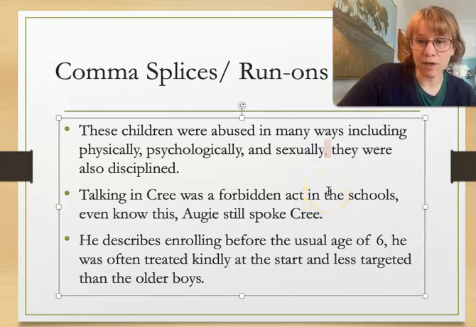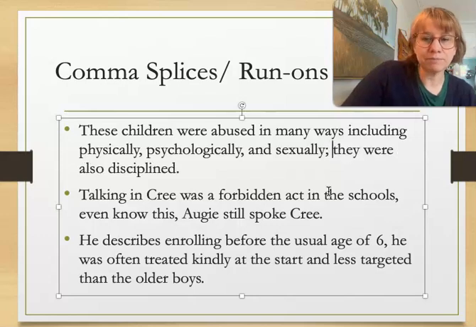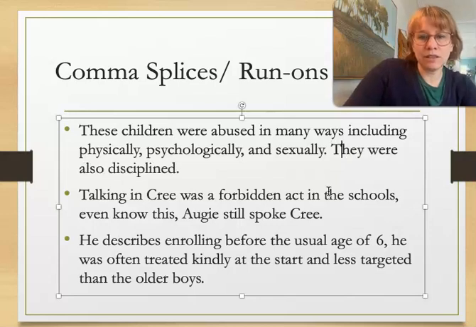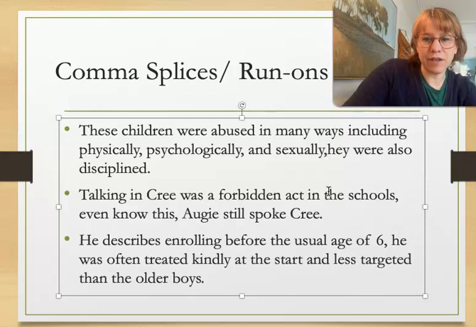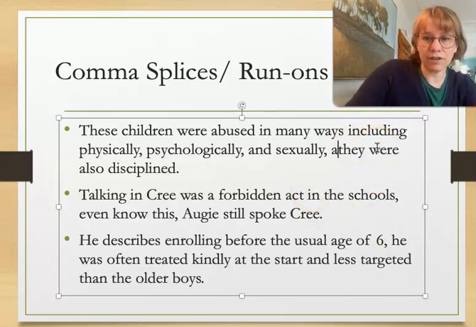You need to fix that problem. You could easily put in a semicolon and that would fix it. You could put a period, or you could add some other conjunction as well. Something to connect the sentences that fixes that run-on.